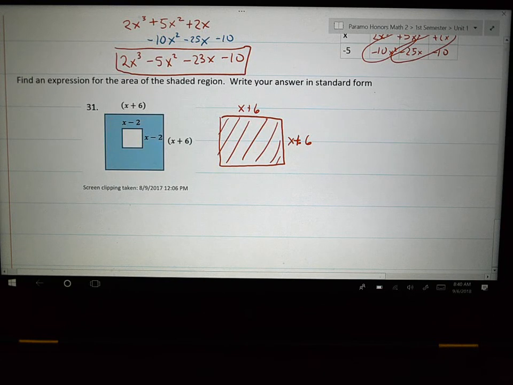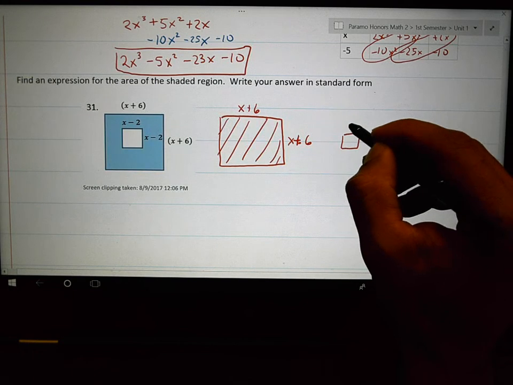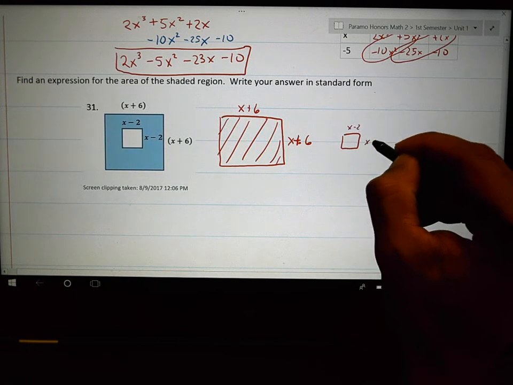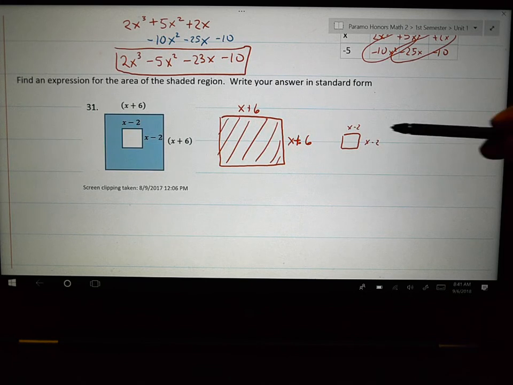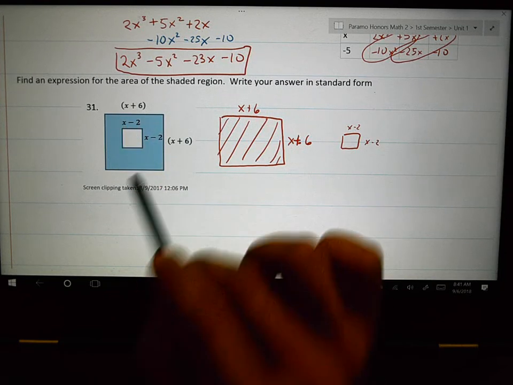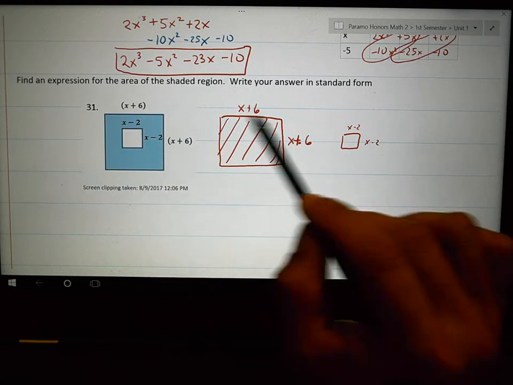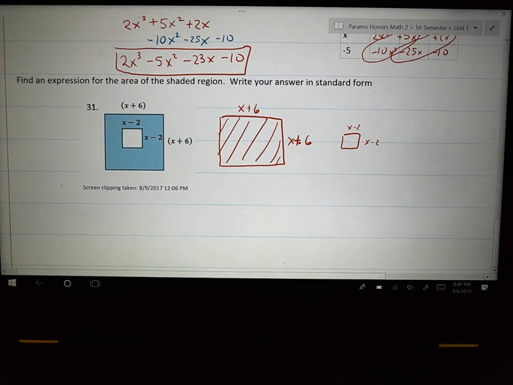We could also find the area of the little square, and we can find its area by multiplying the base times the height. But to find the area of the shaded region here, this blue area, we would have to subtract the area of this one minus that area. So what do we have to do? We have to multiply these two things.